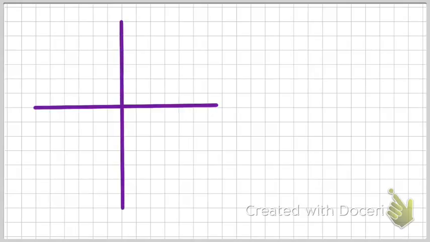All right, so let's talk about when they have a different center of rotation. Again, we'll have a triangle.